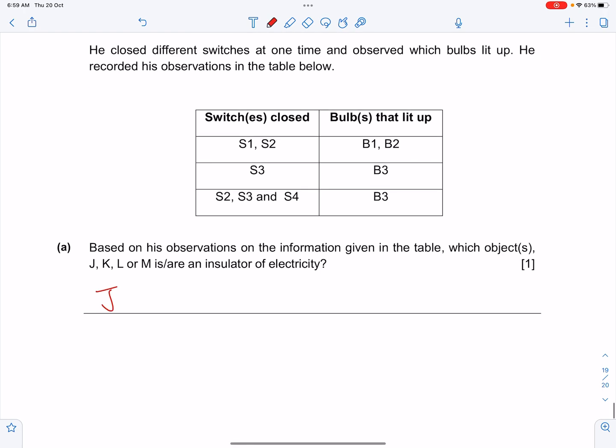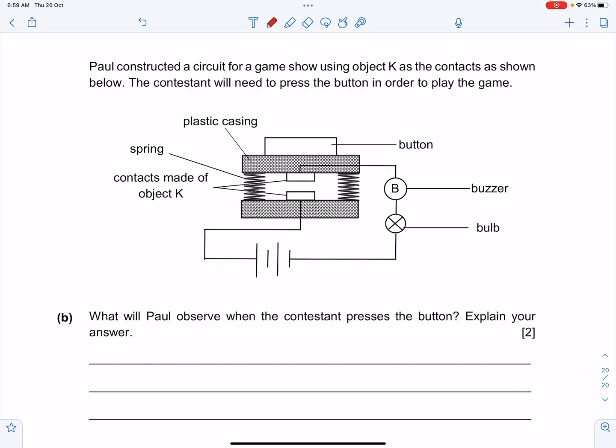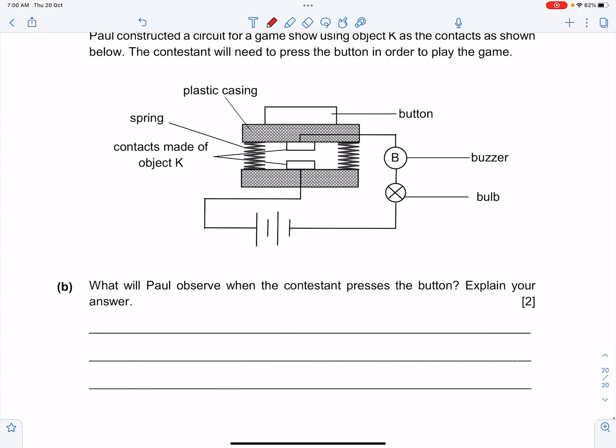J is an insulator. Now, Paul constructed a circuit for a game show using object K as the contact as shown. So object K is a conductor of electricity. The contestant will need to press the button in order to play the game. Okay, what will Paul observe when the contestant presses the bell?